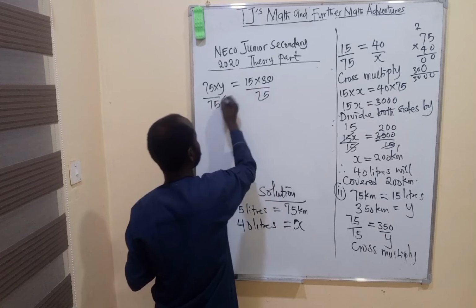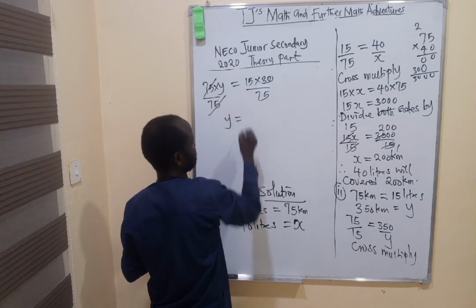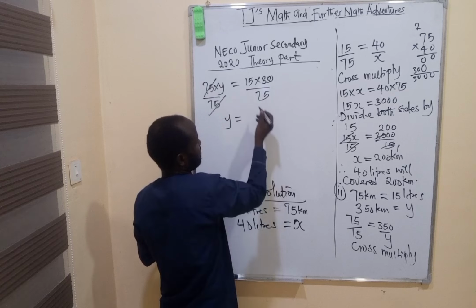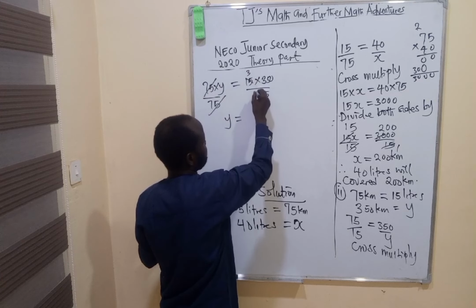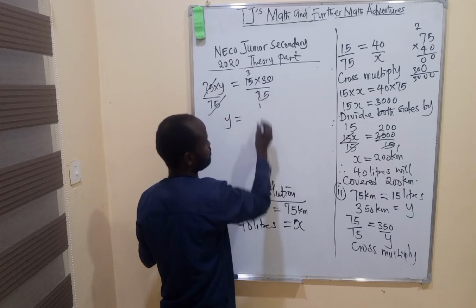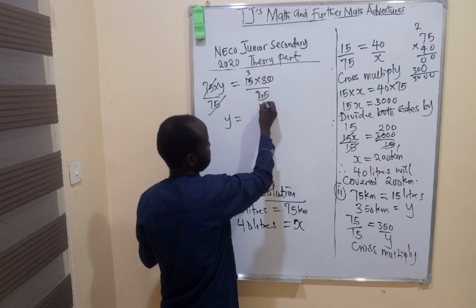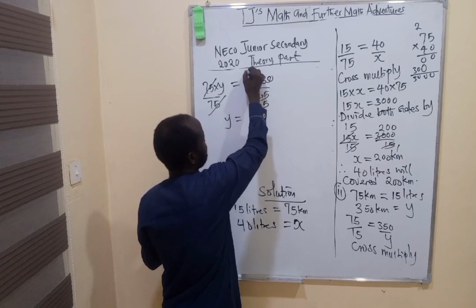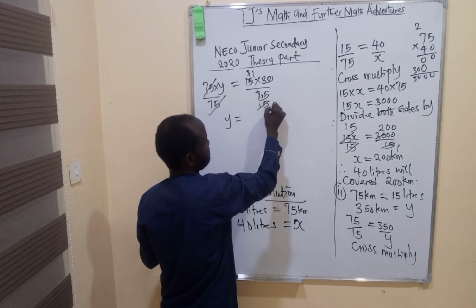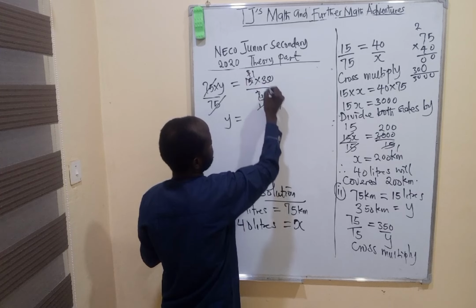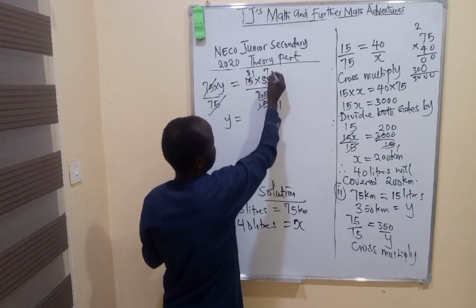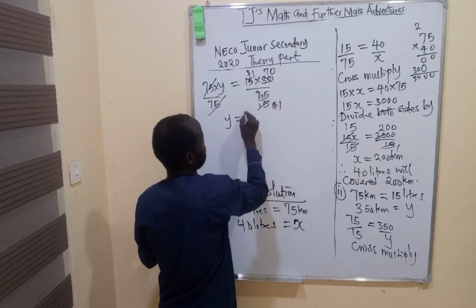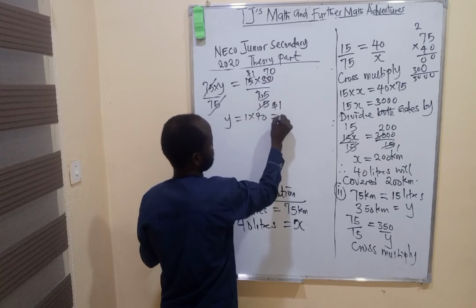So y will be equal to, we can use 5. 5 into 35 is 7, 5 into 25 is 5. We're left with 1 times 70, which is equal to 70.